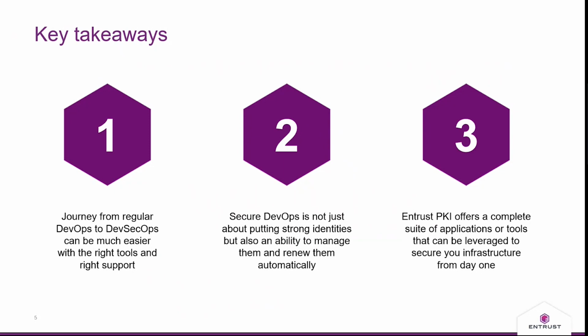Second thing, and this is really critical: at the time of DevOps, even if we are putting those strong keys and certificates on these infrastructure components, it is very critical to manage those. It's possible that you have an outdated key and certificate lying on a system, and even if you assume that you have put all the right keys, it's still vulnerable to different attacks.